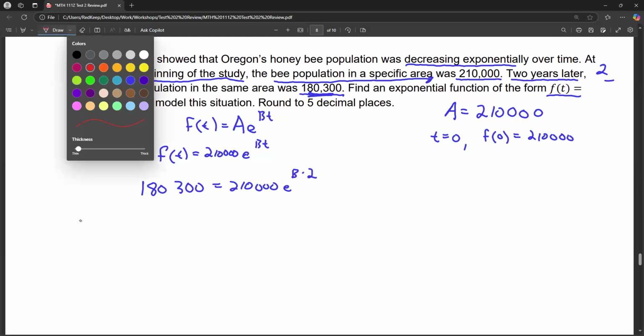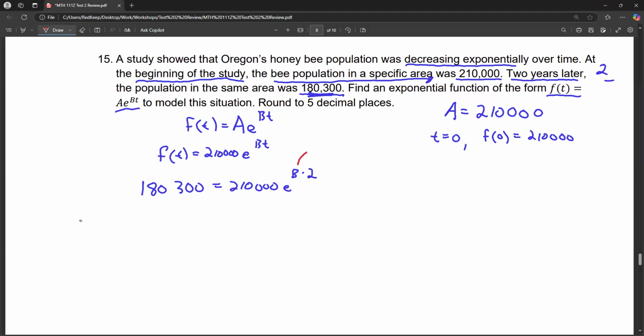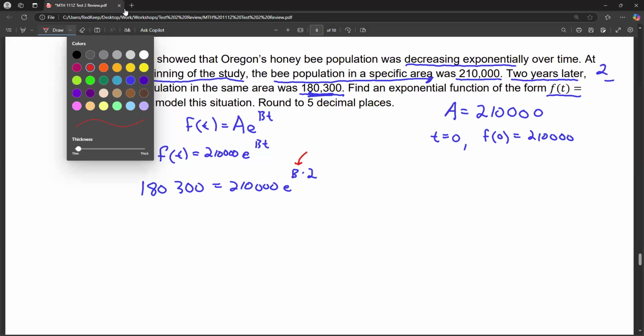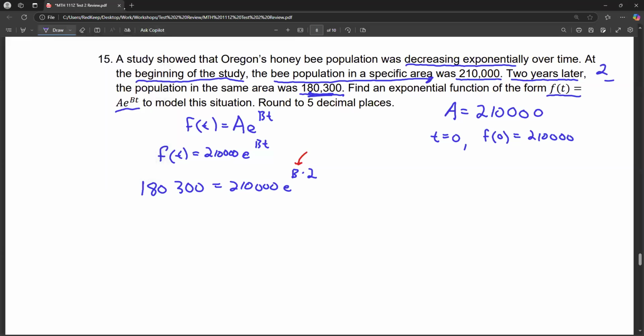We've seen it throughout this exam review. Our B is trapped up in this exponential position. So to get access to that, I'm going to use the lovely logarithm. We're going to do a little work first, though, as usual. Let's go ahead and divide by that A value, that 210,000, on both sides.